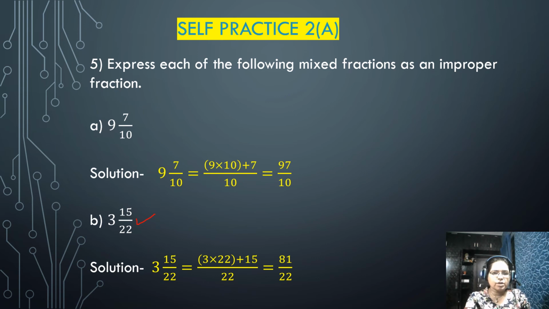When we express a mixed fraction as an improper fraction, multiply the denominator with the whole number, then add the product of the whole number and the denominator to the numerator, and that is the new numerator, divided by the denominator.